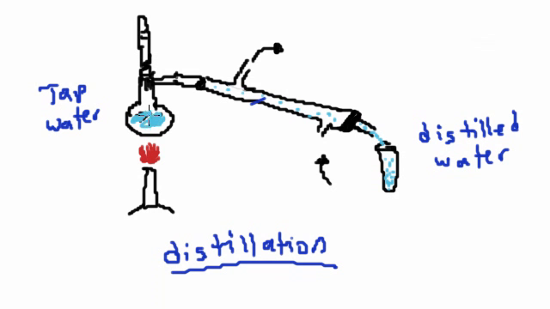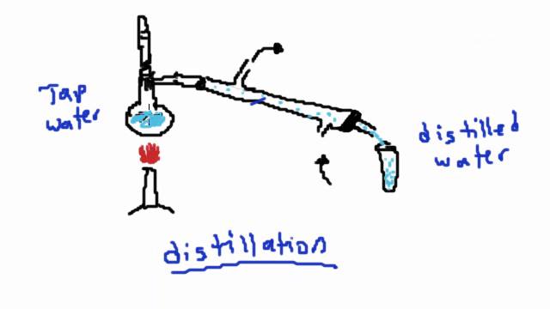So let's say you don't like tap water, or you need to remove those particles from the water. The first thing you do is set up this distillation apparatus, and what you want to do is apply heat so that the water can evaporate.